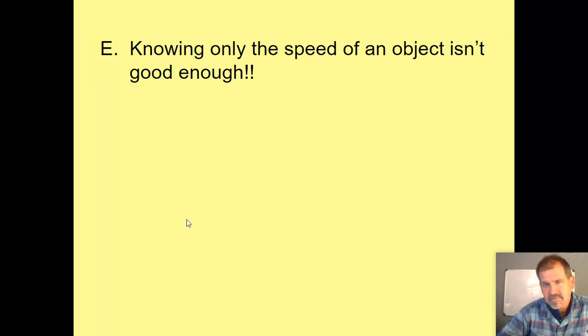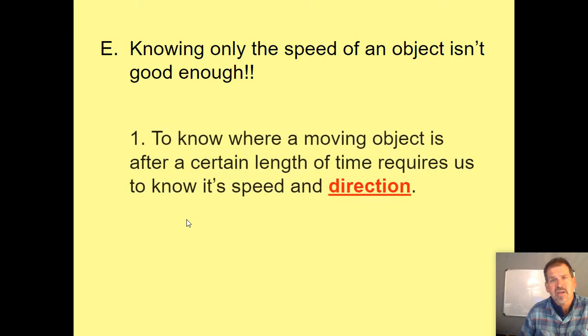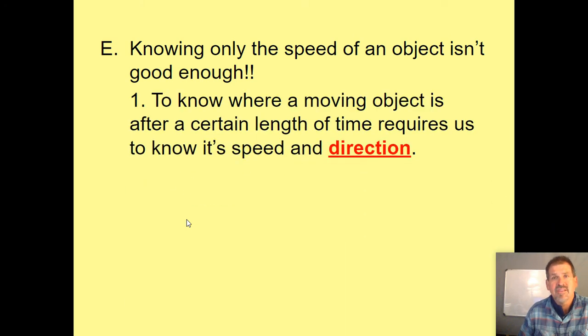Oftentimes in physical science, knowing the speed of an object isn't enough. Speed is just distance over time. But we have this additional concept called velocity. To know where a moving object is after a certain length of time, we need to know its speed and its direction. So I'm driving north at 55 miles an hour, or I'm biking southwest at 13 miles an hour.